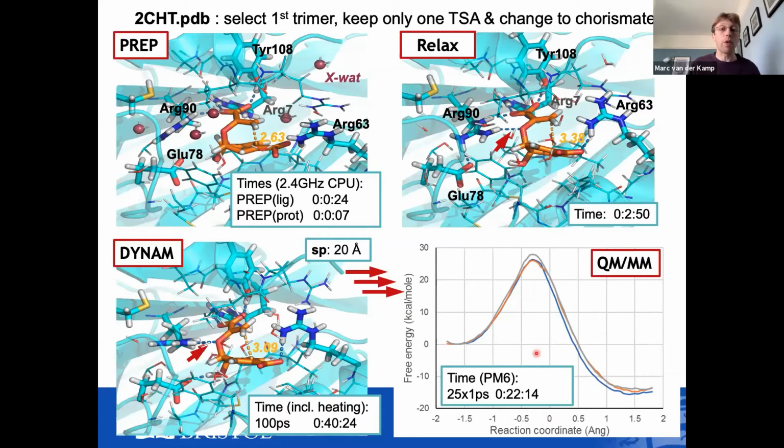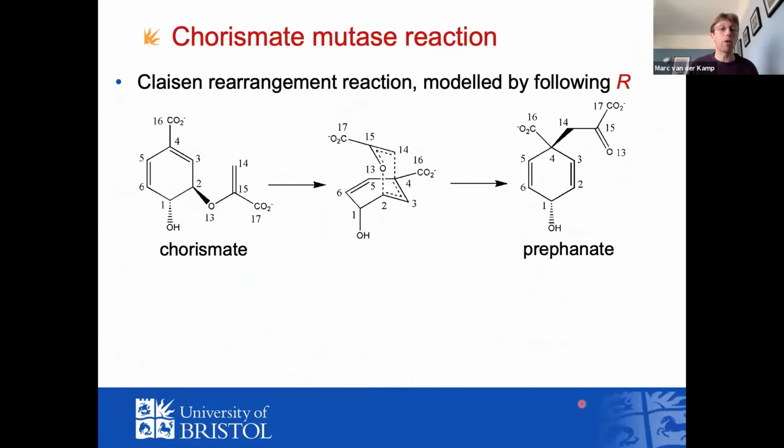So I mentioned before, umbrella sampling happens typically along a reaction coordinate, and in this case we're going to use a geometric reaction coordinate. So here we have the reaction again, and our reaction coordinate, perhaps not surprisingly, will be the difference in distance between the carbon-oxygen bond that is broken and the carbon-carbon bond that is formed.